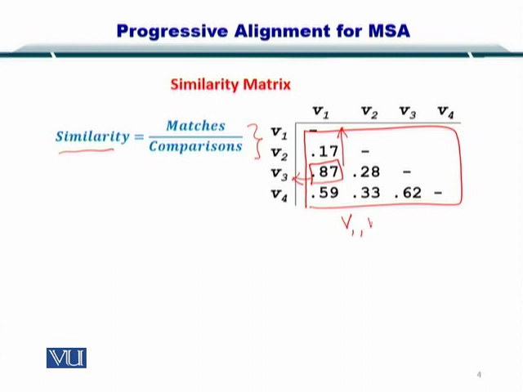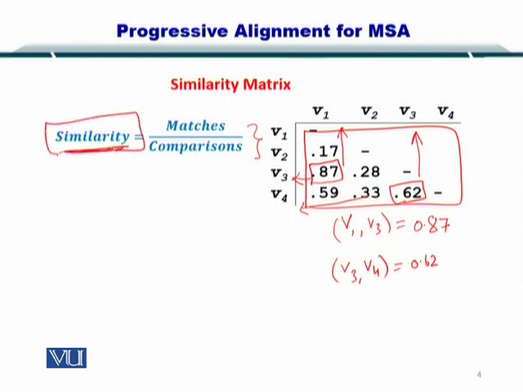So V1 and V3 are very similar, and the similarity score is 0.87. Next, you have 0.62, which is the similarity between V3 and V4. So note that this is the similarity.